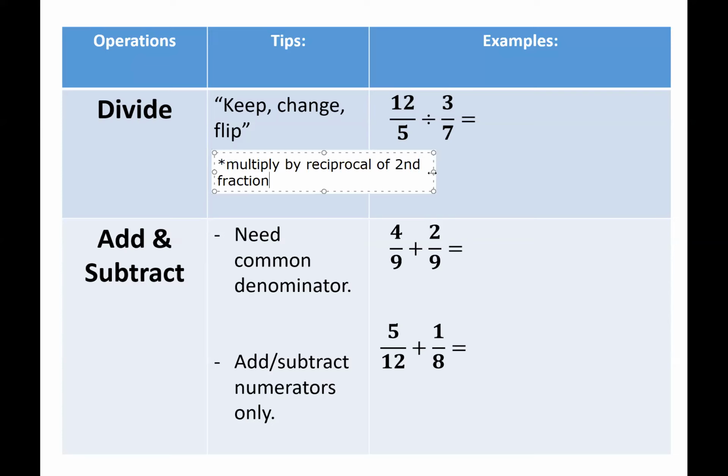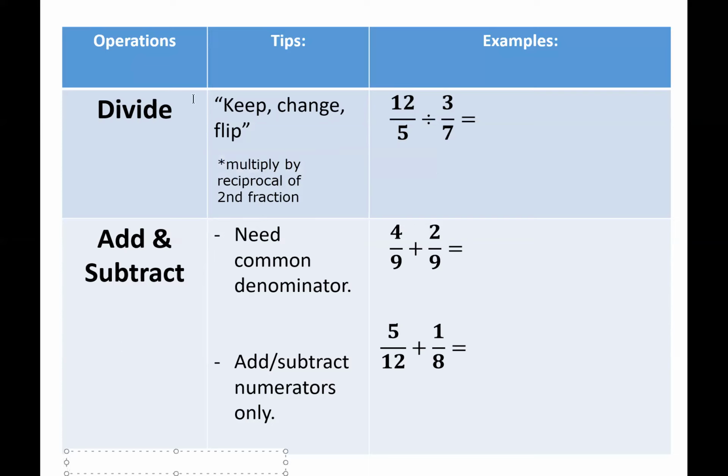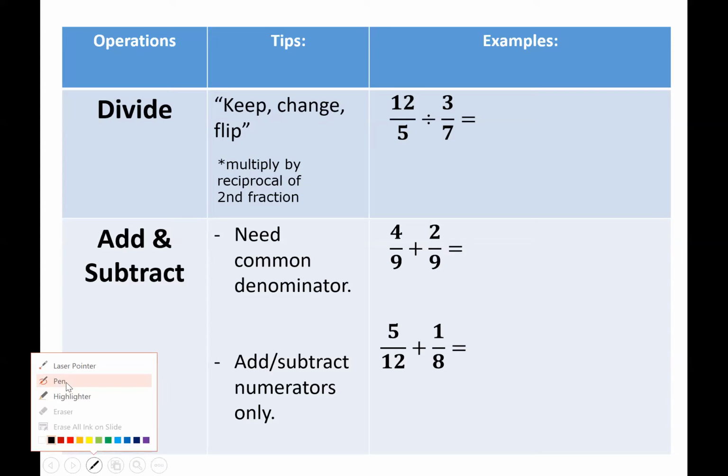Okay, so keep the first fraction the same. Change division to multiplication, and then flip, take the reciprocal of the second fraction. So that's really what that phrase means. And you may have learned other versions of that. Okay. So what I'm going to do is rewrite the problem, keep, change, and flip.